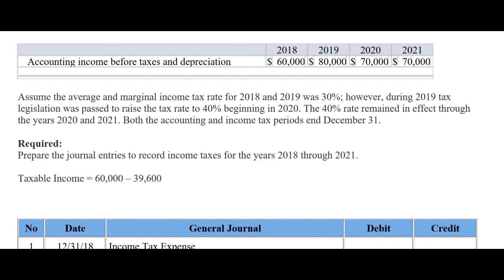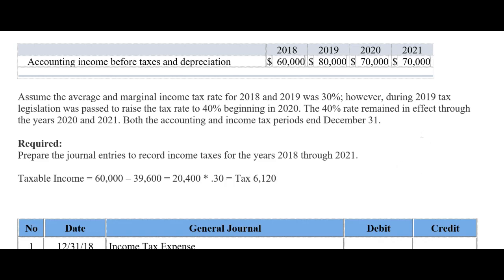We get to take the full amount because the $60,000 does not include any depreciation at all. That gives us a total taxable income of $20,400. Then we multiply that by the 30% rate, and that gives us tax of $6,120.